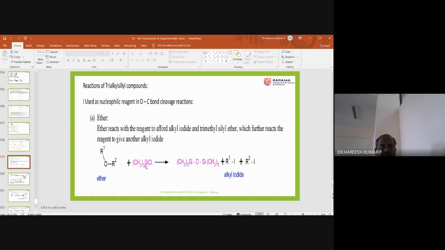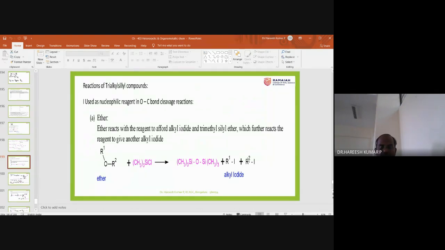So what it means is two molecules of trialkylsilyl halide react with the ether, giving rise to two alkyl halides. If R1 or R2 is different, you will get different alkyl halides. Of course, this is a byproduct. Okay, so this is about the general reaction.